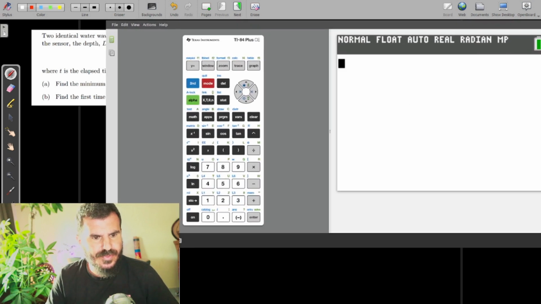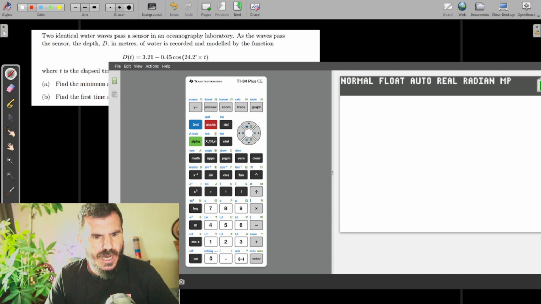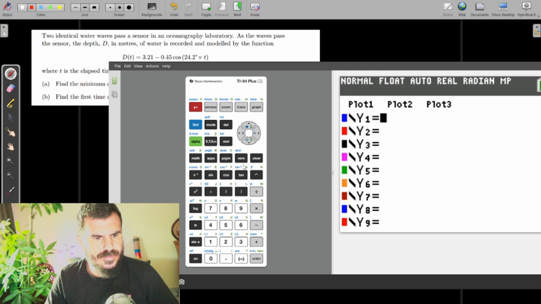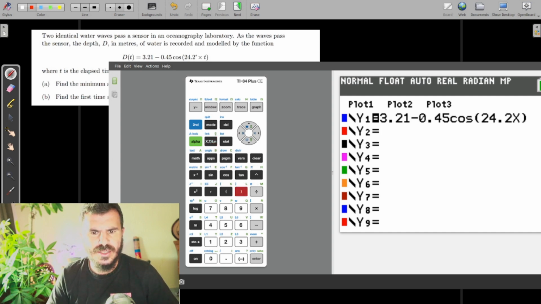First thing, I will put my equation: 3.21 minus 0.45 cos of 24.2 x instead of t, and I close the bracket. Be careful, inside here 24.2, this is in degrees. Let me graph it.